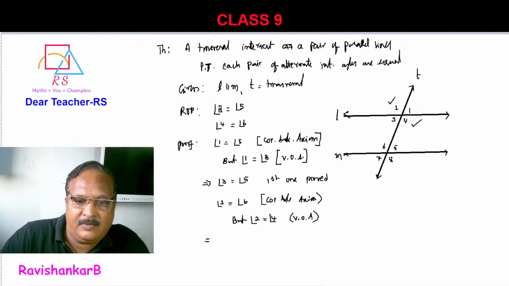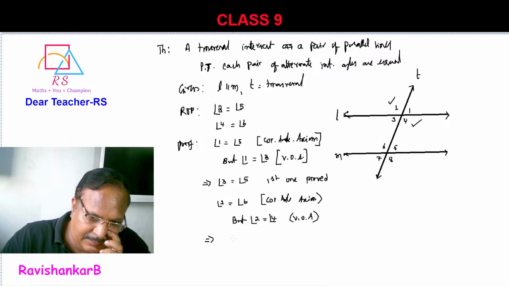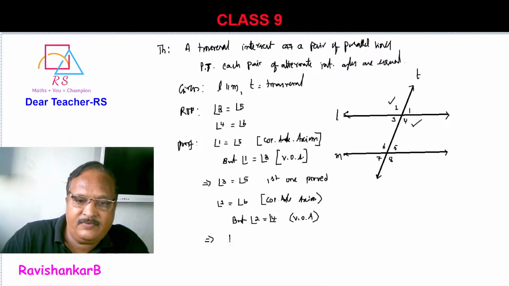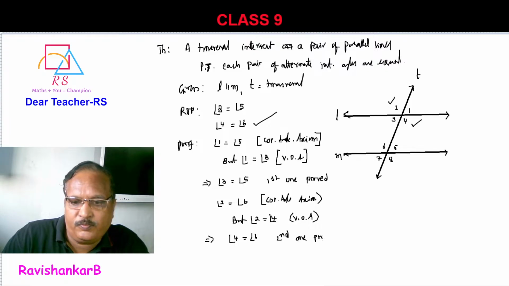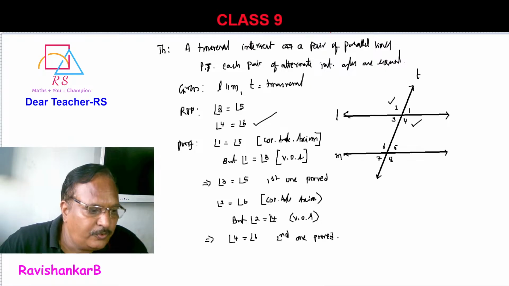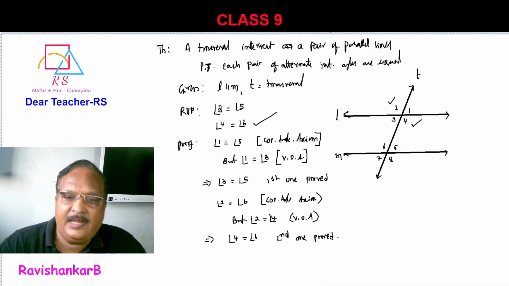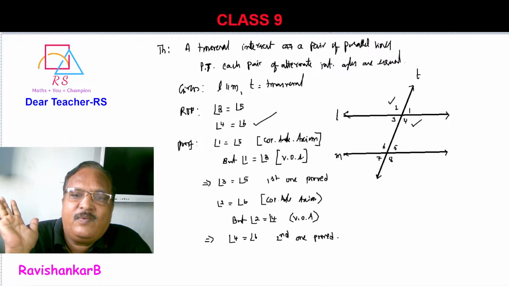So in the place of 2, I will write 4. Angle 4 is equal to angle 6. So this is the second one, and the second one is proved. So we have proved that each pair of alternate interior angles are equal.